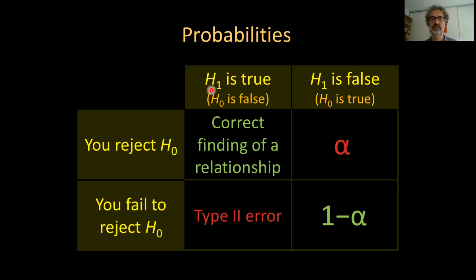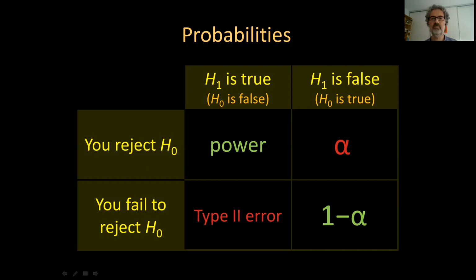Moving on to the other column, in which the null hypothesis is false, and therefore the research hypothesis is true, the probability of correctly rejecting the false null hypothesis is your power. This is how power is defined. The probability of incorrectly not rejecting the null hypothesis is a type 2 error, and this probability is called beta.